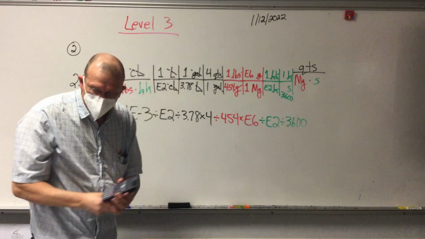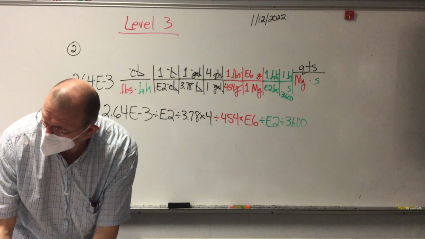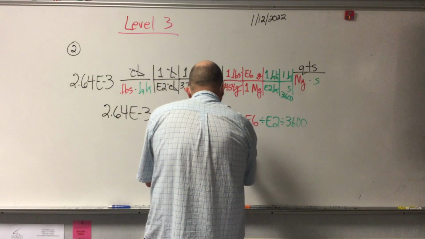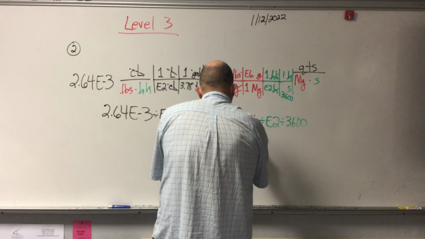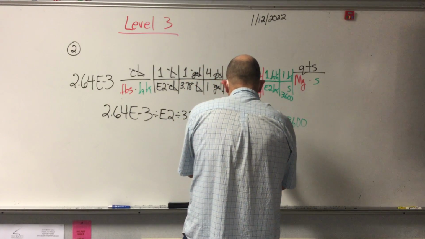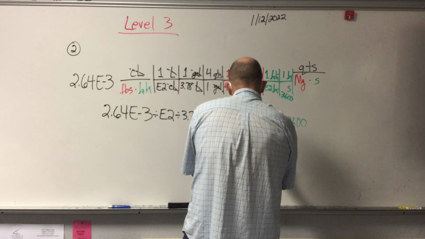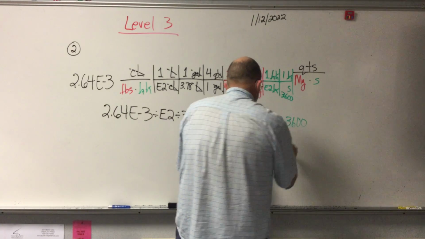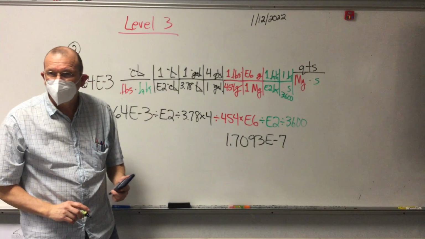And when you do that on the calculator, it would show, I'm going to give a few numbers here. I'll go one more digit. It would show that value.